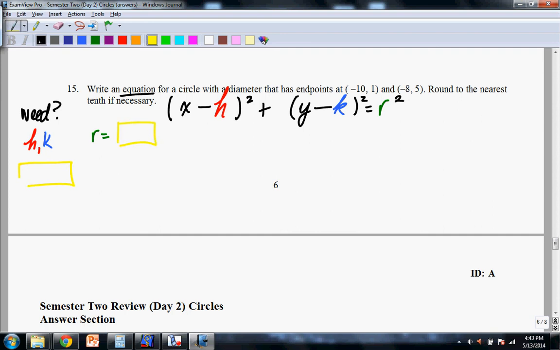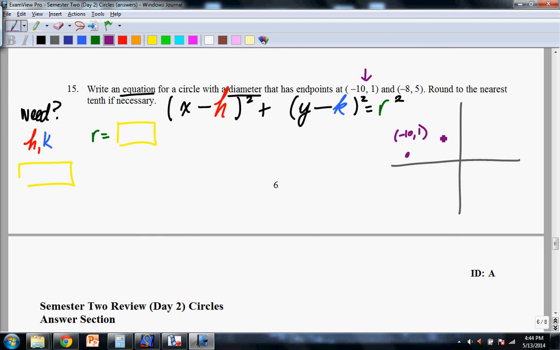Let's look at what we've been given. We've been given a diameter that has endpoints. So let's start just by kind of graphing what we have here. We have endpoint diameter at -10, +1. So over 10, up 1. I'm just going to label that.